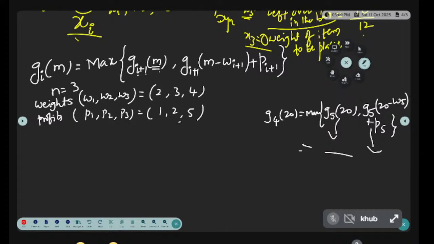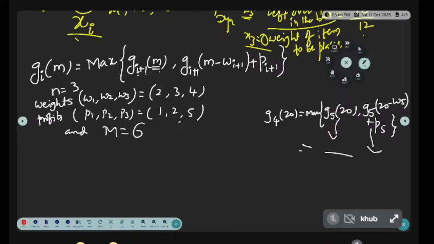And also what we should know again, what else is incomplete, what else needs to be known in the knapsack: which items are there, and the capacity of the bag. What is the capacity of the bag? m equals 6. What is m? Capacity of your bag.